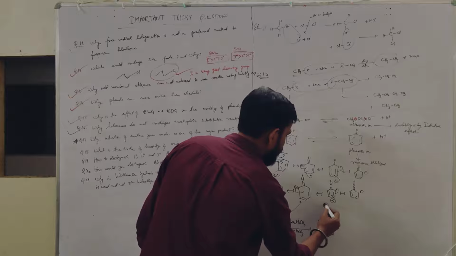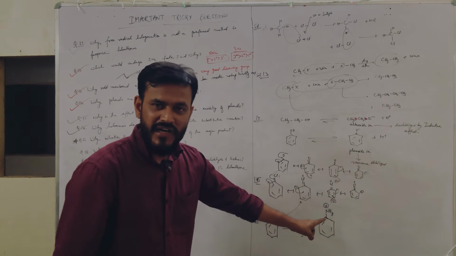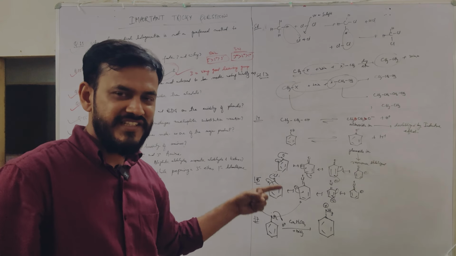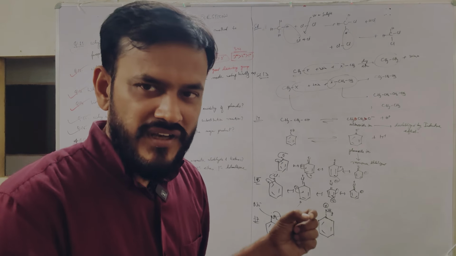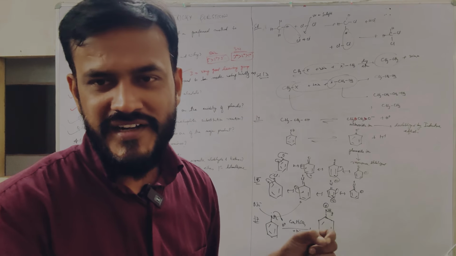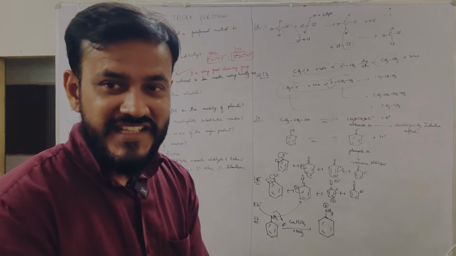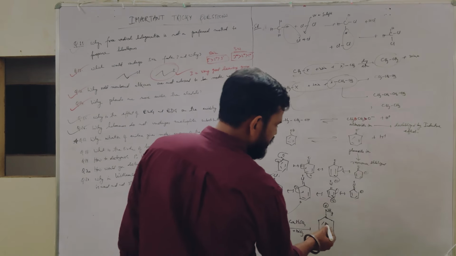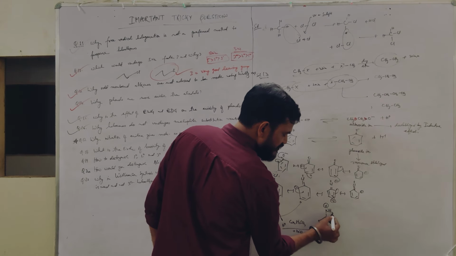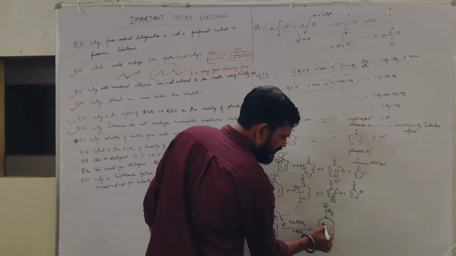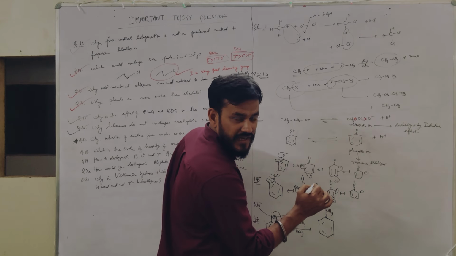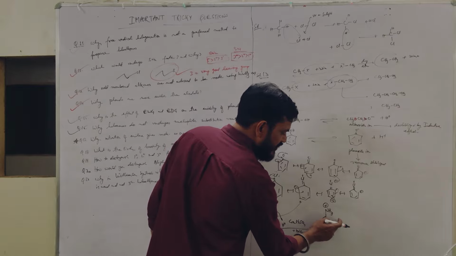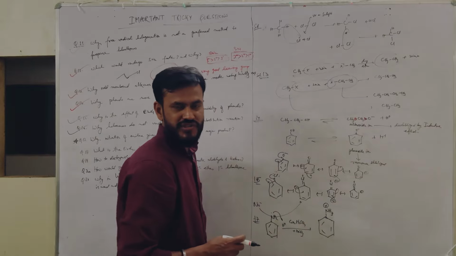Now since it is anilinium ion, it no longer gives its electron to the ring, and it is no longer an ortho para directing group. Instead, it takes electron back and becomes meta directing, because if it takes electron back from the ring, plus charges would appear on ortho and para positions.